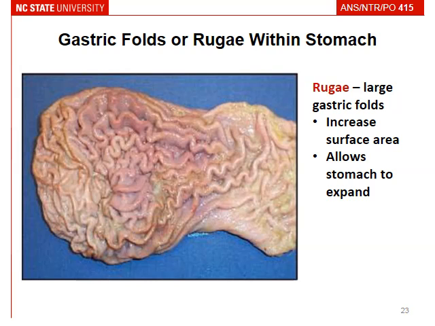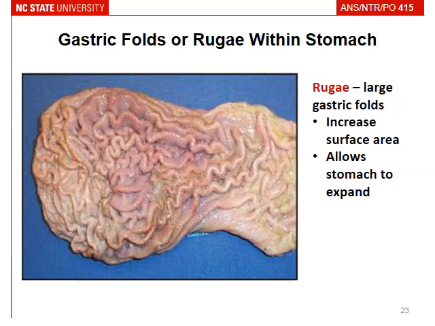Within the stomach, you also have these folds called rugae. Here we have a human stomach that's been opened up, and you can see all these little folds. Those are there because they help increase the surface area, and they're also what's allowing the stomach to expand.